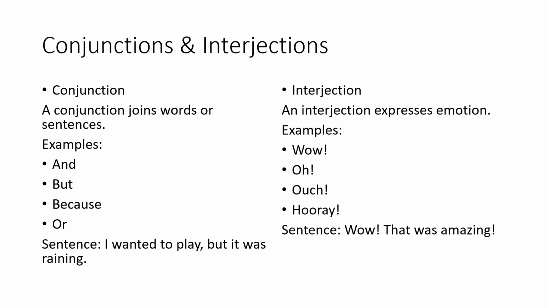For example, I wanted to play, but it was raining. I wanted to play, that is something that I want. It is something that the child would want to do. But it was raining, so he cannot.